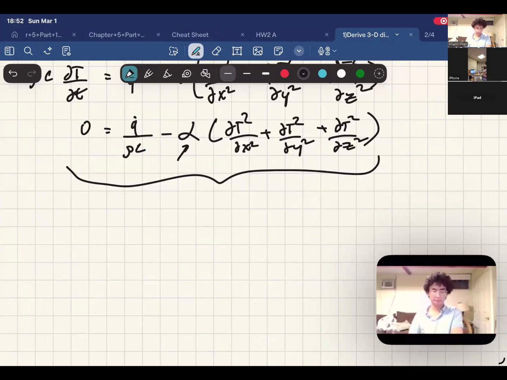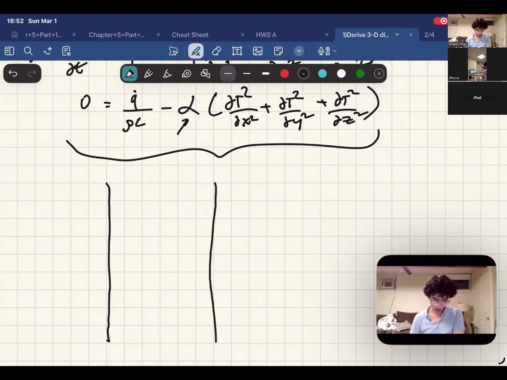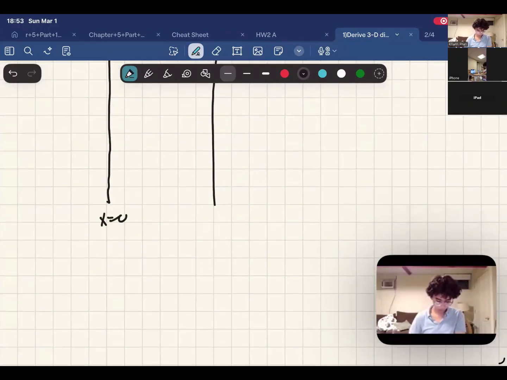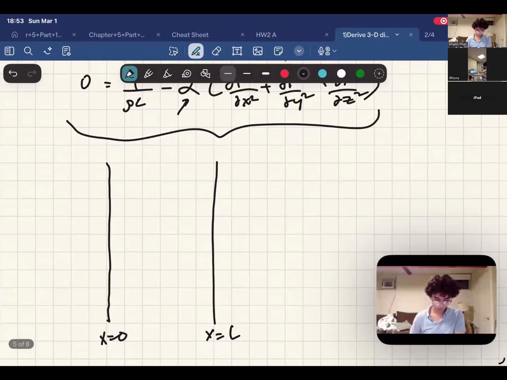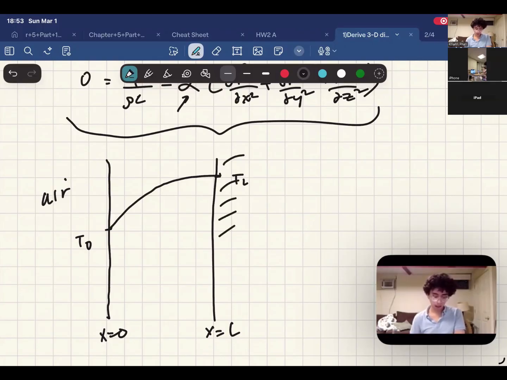And then now I'm gonna draw the temperature profile for this case. So this is what the temperature profile looks like. And so the question is, why is the gradient greater when it comes closer to the surface compared to when it gets closer to the insulation?